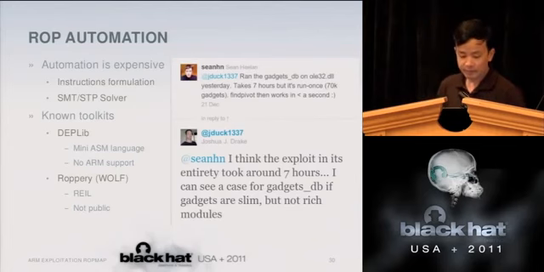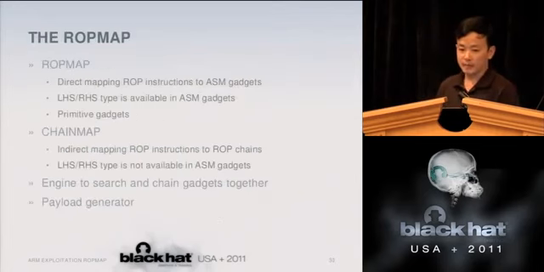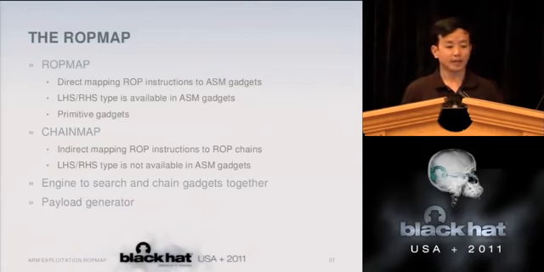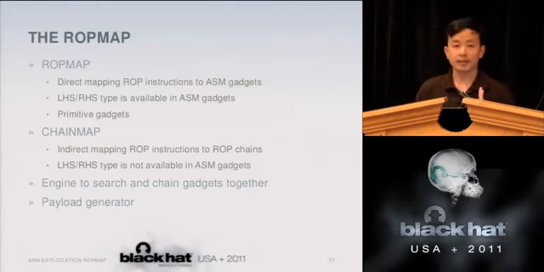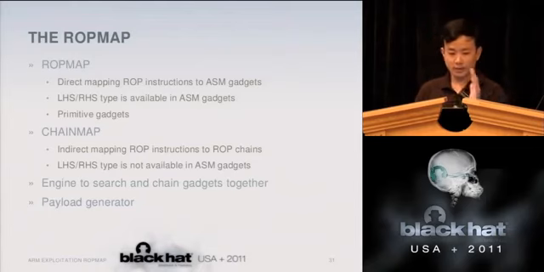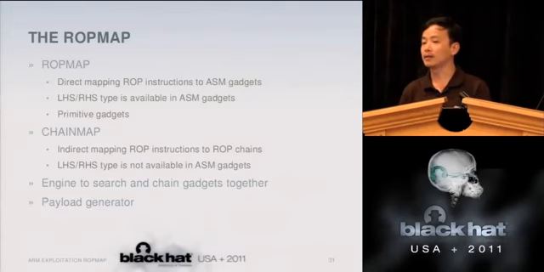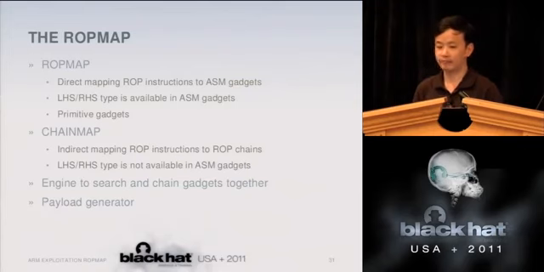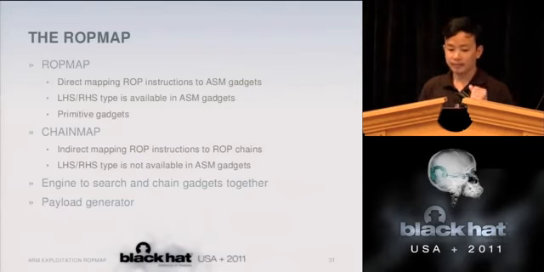So our implementation, what we call ROPMAP. Here we define ROPMAP as just a direct mapping from ROP instruction to assembly gadget. For example, from one ROP instruction to one or more assembly gadgets.